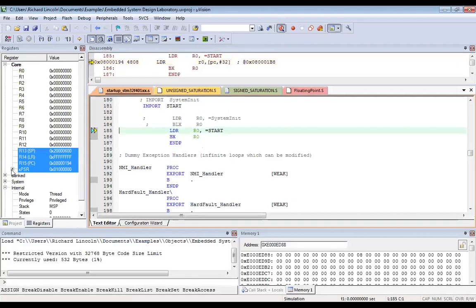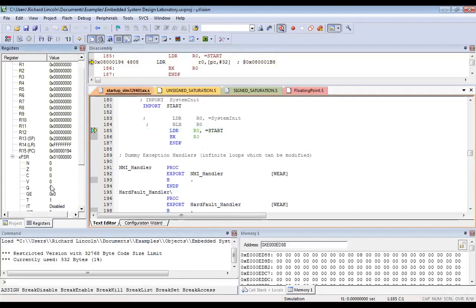Right. So here the important thing is we are going to look at this Q flag. I hope you're able to see that. This Q flag is what we're going to check.